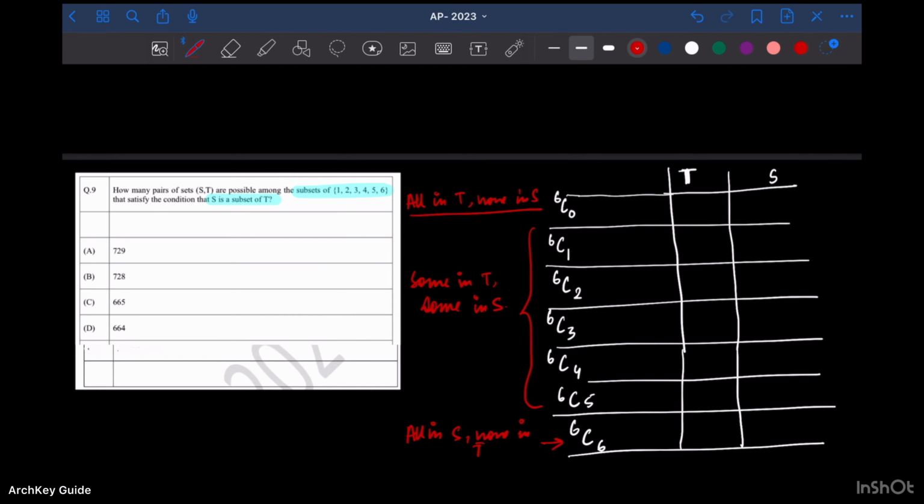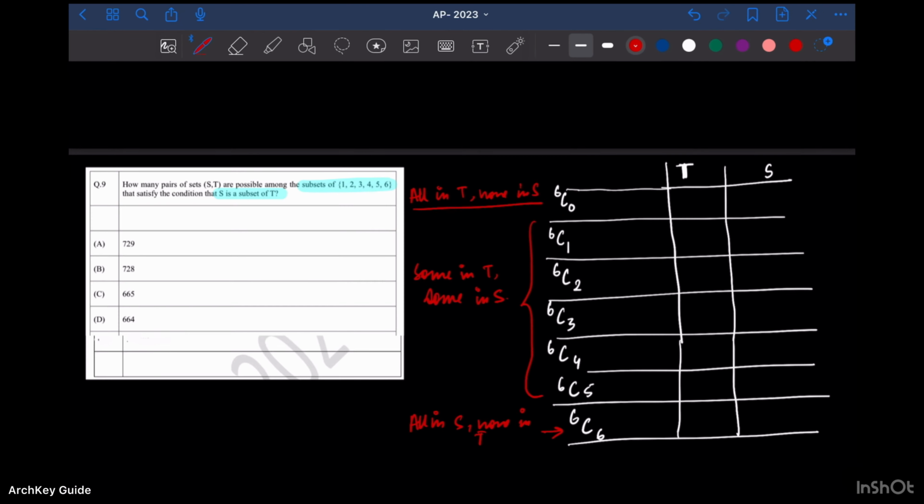So I would want to break this down. Do you know how to break these? This one is going to be value 1, because 6 divided by 0 factorial is 1.